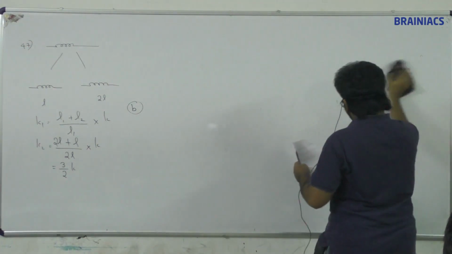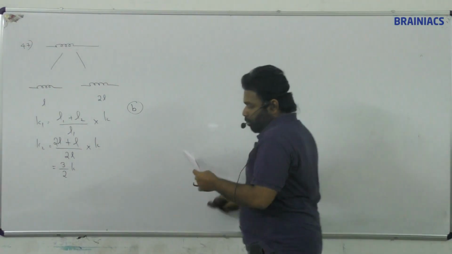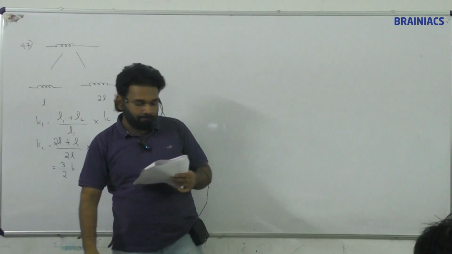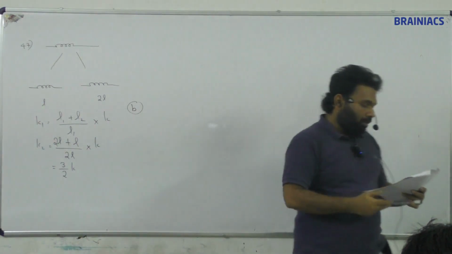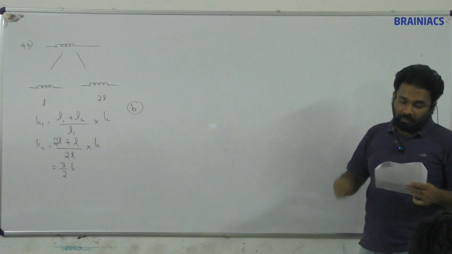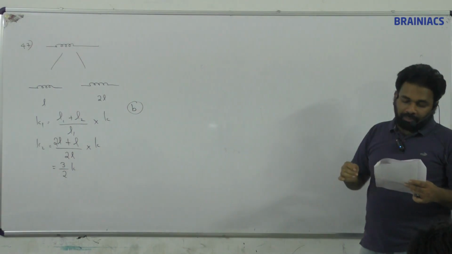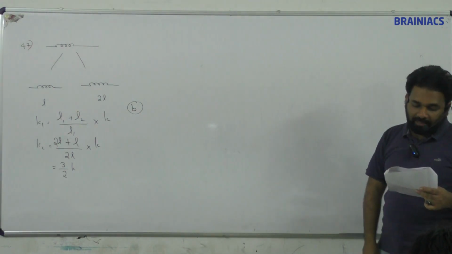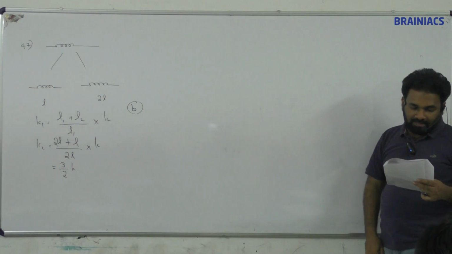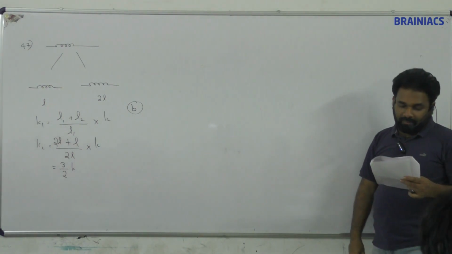Next question. Two bodies M and N of equal masses are suspended from two separate massless springs of force constants K1 and K2 respectively.